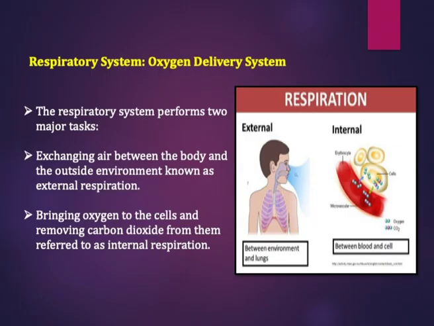The next is bringing the oxygen entering the lungs to the cells, where the oxygen exchange occurs at the cellular level, and removing the carbon dioxide present in the cells, which is a byproduct or waste of cell respiration. It will be brought again to the lungs. This step, where oxygen is sent to the cells and carbon dioxide is received from the cells, is called internal respiration.